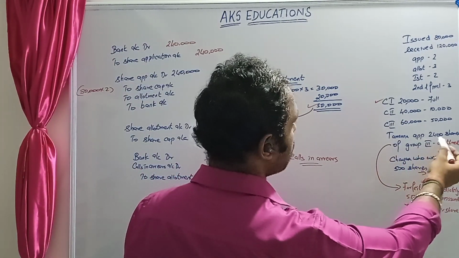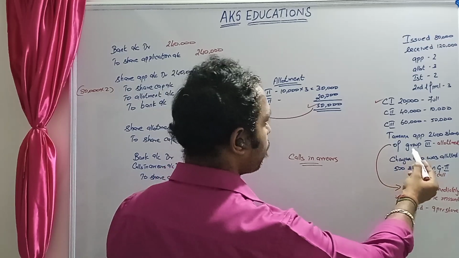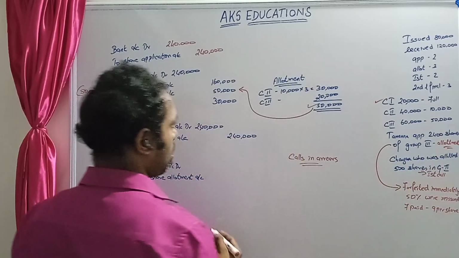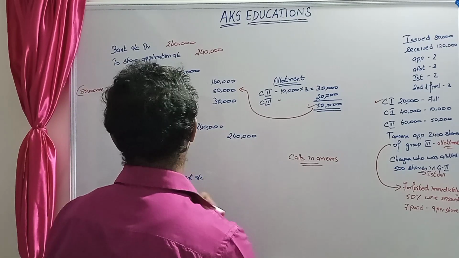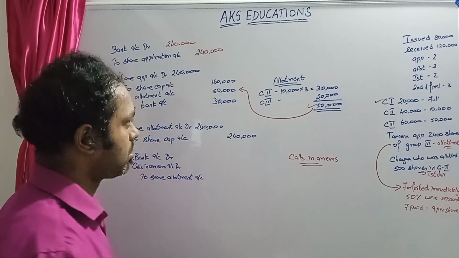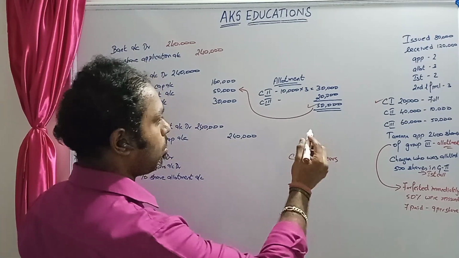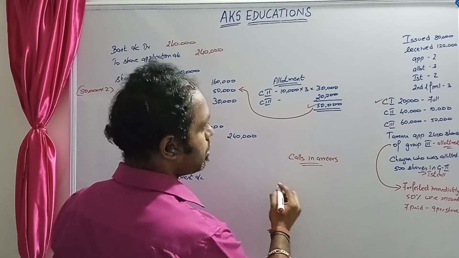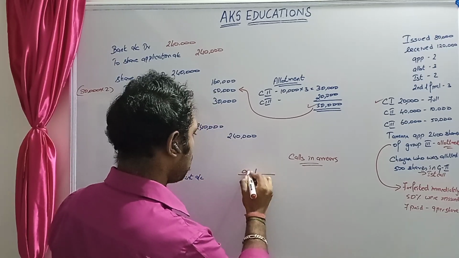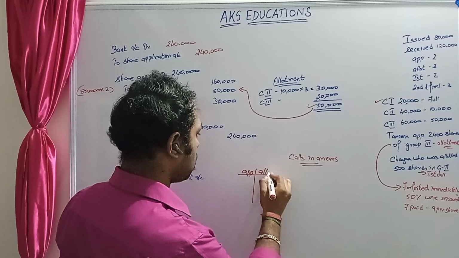Tamanna applied for 2,400 shares of group 3, missed out the allotment. So let us see what is the content which was missed. So 2,400 shares. So this is applied and allotted.